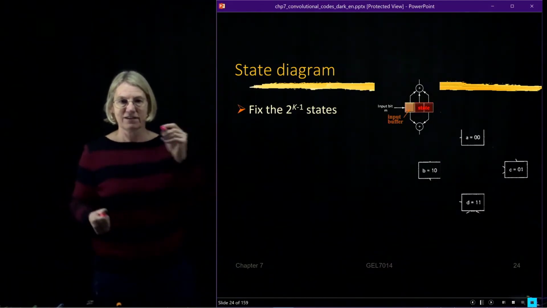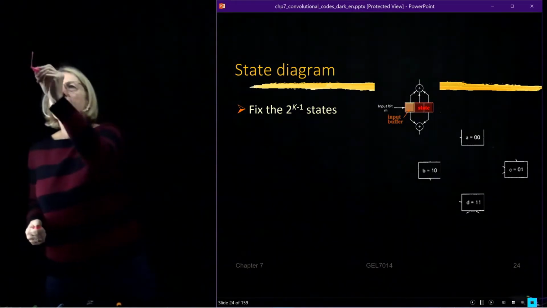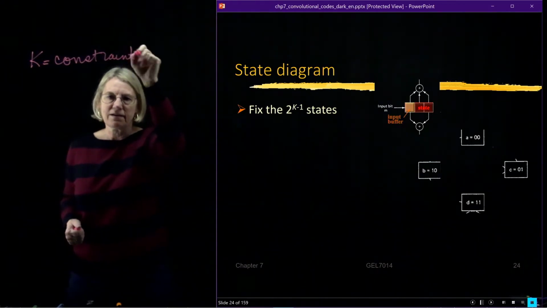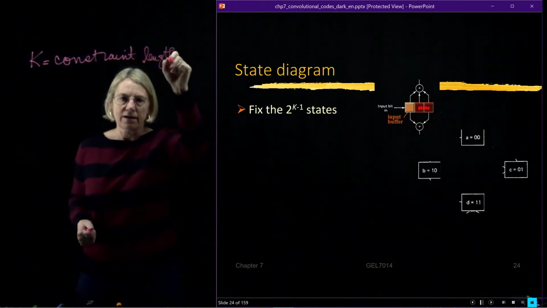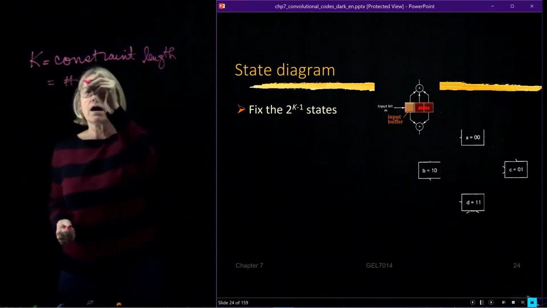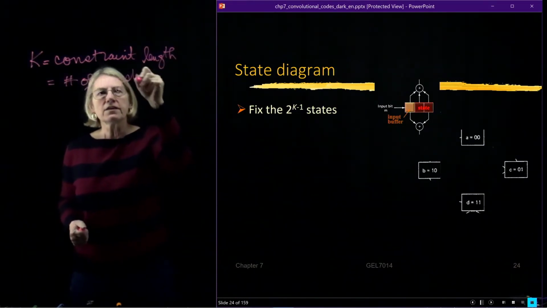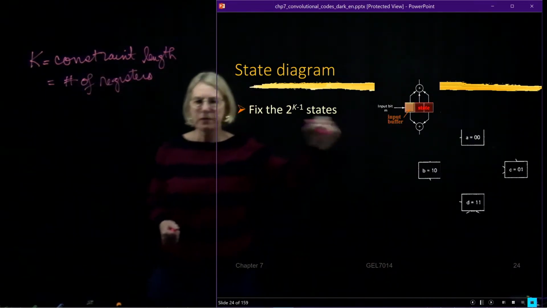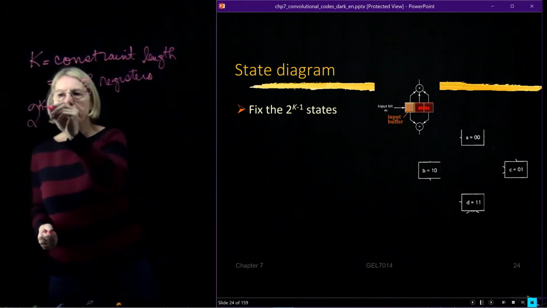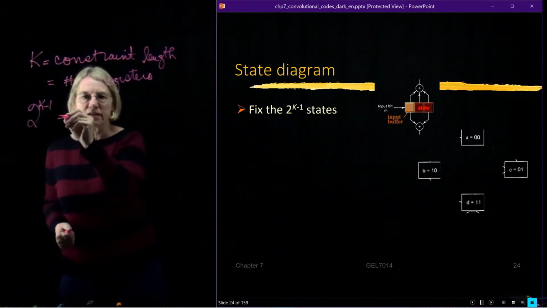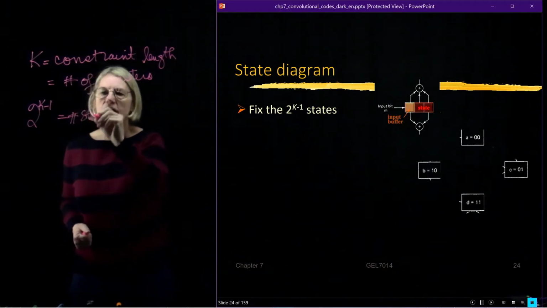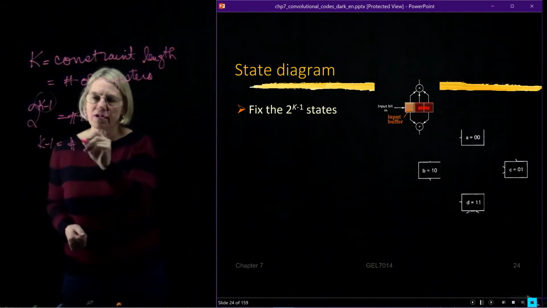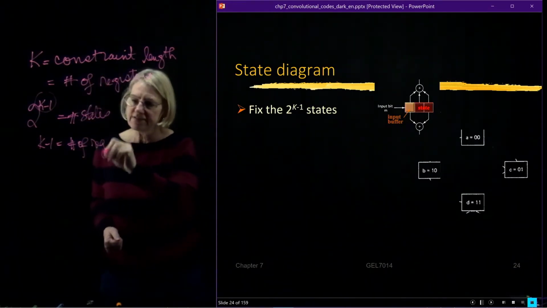The state in this example that we've been doing is 2 because the number of registers, K, is the constraint length, and it is equal to the number of registers. And in the registers, one of them is always the input buffer, which means that 2 to the k minus 1 is the number of states, because k minus 1 are the number of registers in the state.